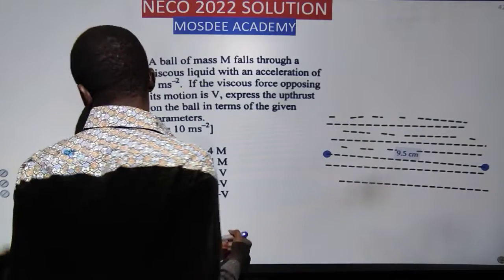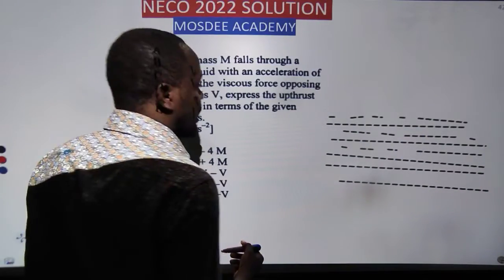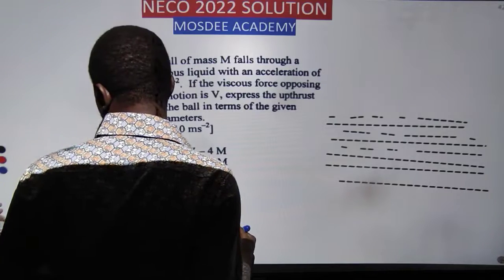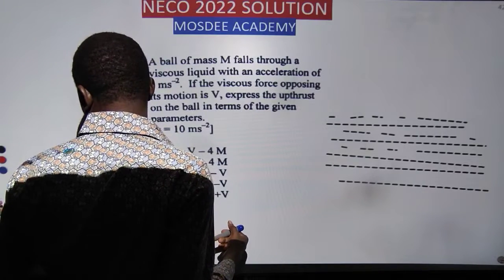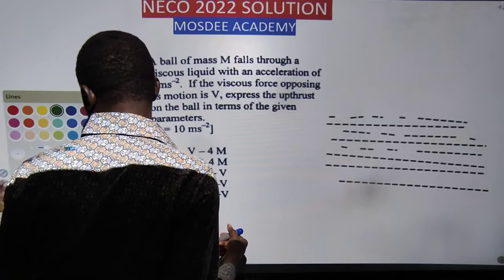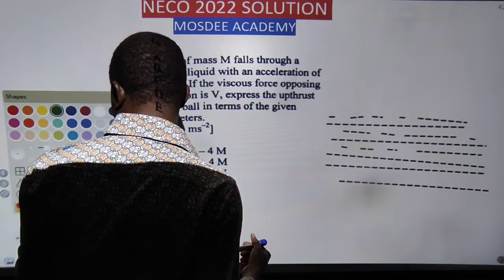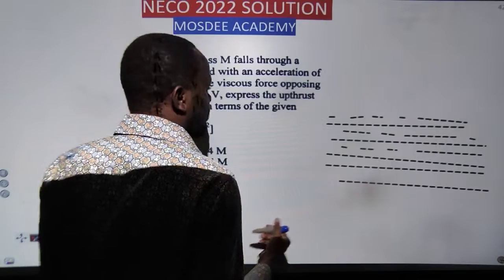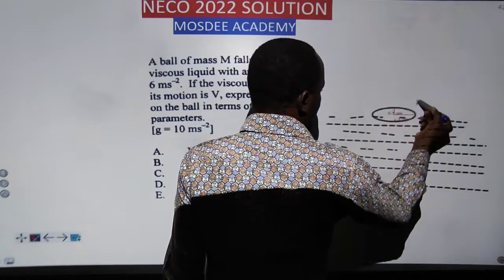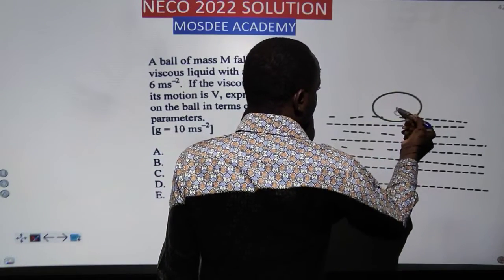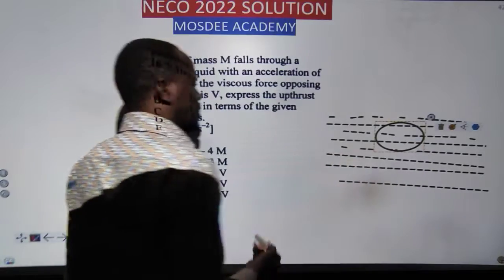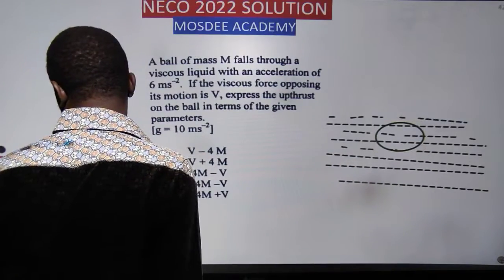So there is a liquid, then the ball is falling through that liquid. So this ball now is coming inside the liquid, as you can see.